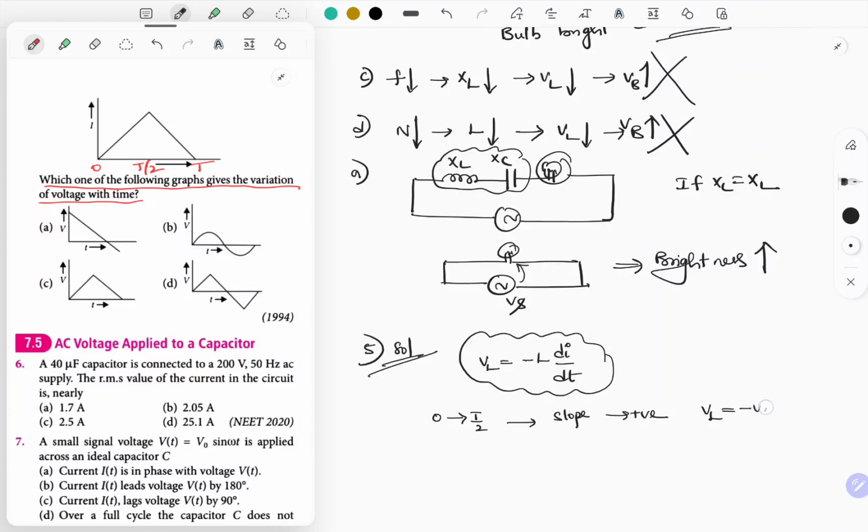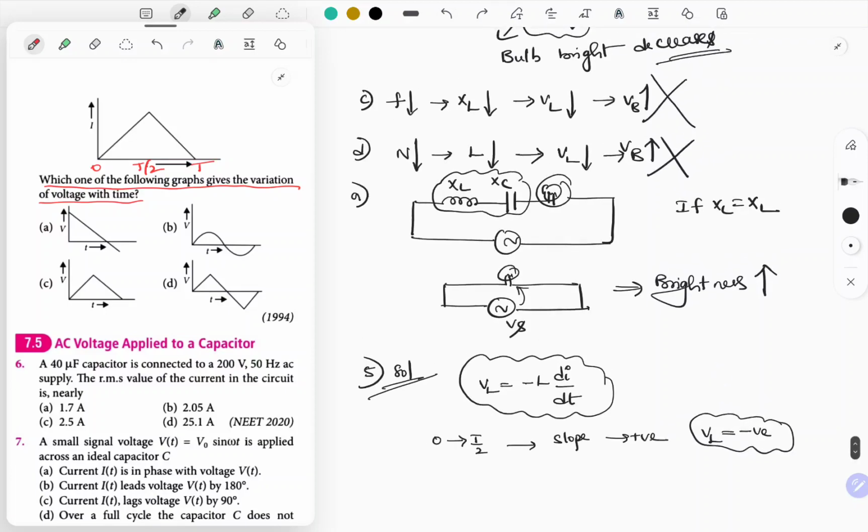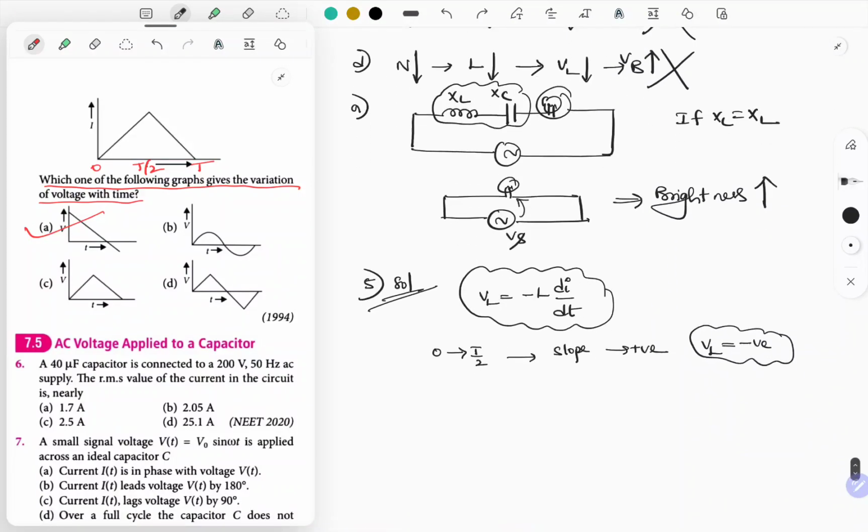It is going to be negative, because I already have a negative sign. Negative of di by dt, with a positive slope, gives VL as negative, and it starts from some maximum value. So which option is suitable for this? Definitely option A is the suitable answer. This is one way of answering.